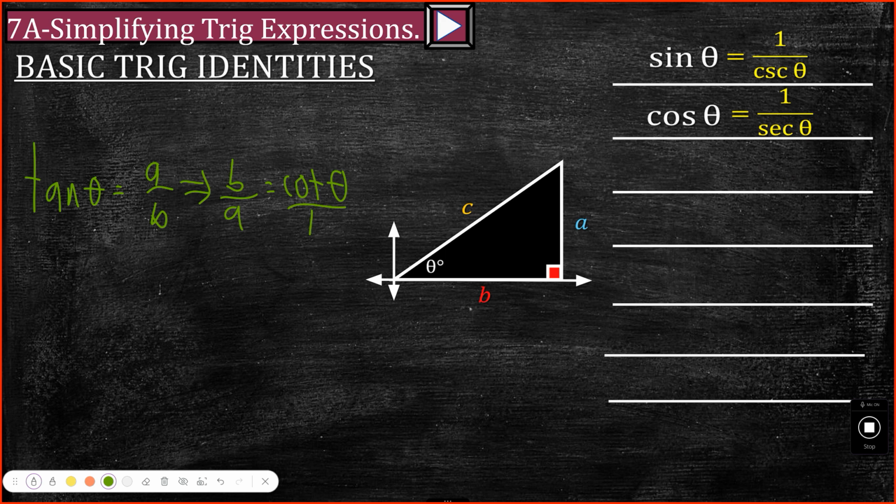And if I flip this again, it'll be A over B, which is 1 over cotangent theta. That's the way I'm looking at it. Tangent theta is A over B, A over B is 1 over cotangent theta. Tangent theta is 1 over cotangent theta, which we could again say that cotangent theta is 1 over tangent theta.